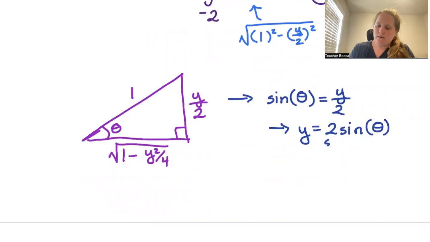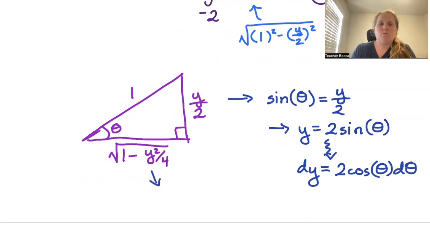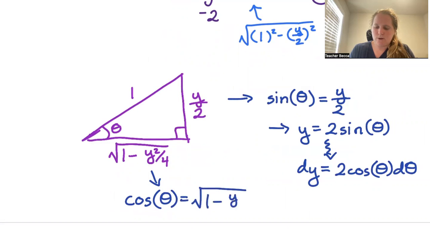And we then get that dy is equal to 2 cosine of theta d theta. The square root of 1 minus y squared over 4 lends itself perfectly to the cosine. Cosine of theta is just the square root of 1 minus y squared over 4.